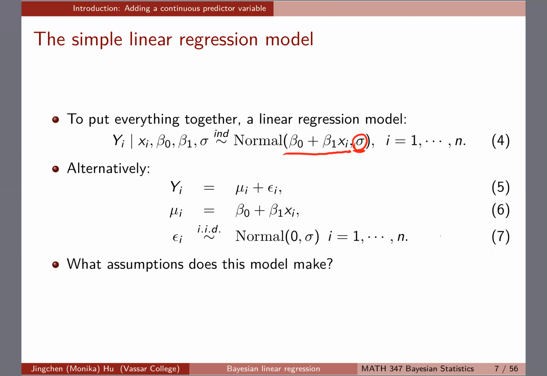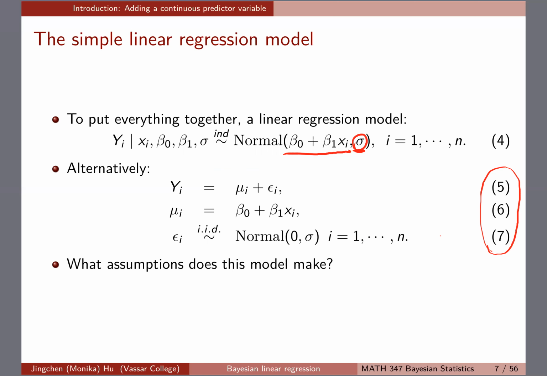And 5 through 7 would just be another way to write the model. It really depends on what kind of text you're reading or what other exposure you have. For our course, I try to introduce all kinds of notations that you may have seen before, and make the connection to the other stuff that you have seen, especially if you know how to do frequentist inference, so that later you might be able to make some kind of comparison to what we have done.